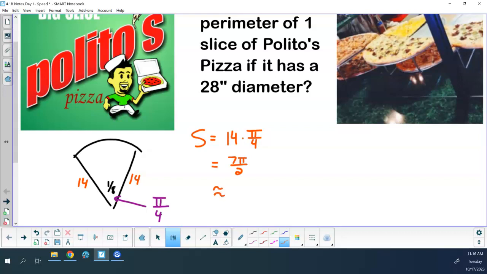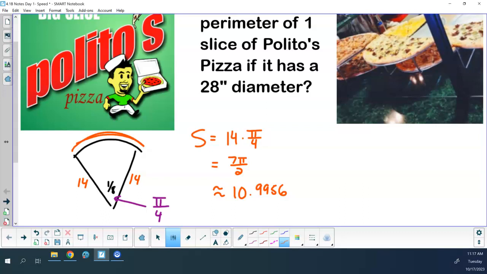Or approximately, new document, new calculator, 7 pi divided by 2 is approximately 10.9956. So that's my arc length.